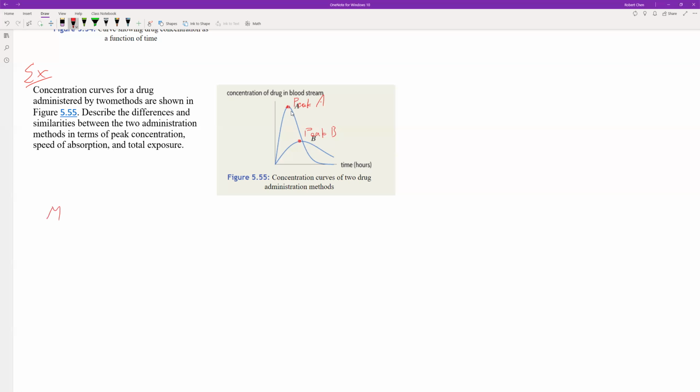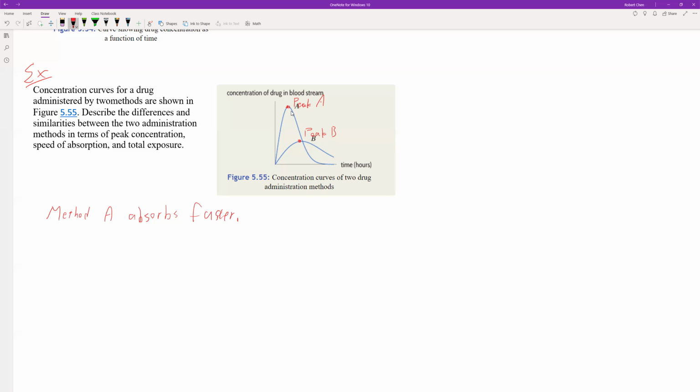All right, so method A absorbs faster, and probably absorbs more than method B as well.